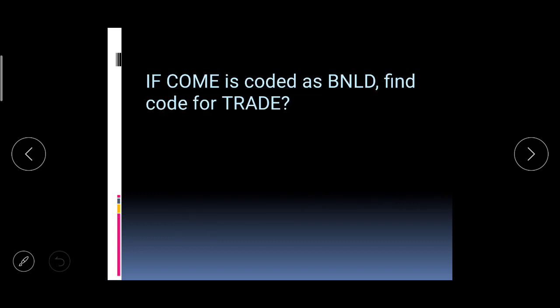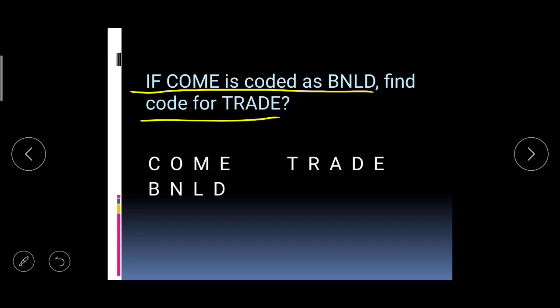If COME is coded as BNLD, you need to understand the pattern from here and then apply it. Let's see letter by letter. C is coded as B, O is coded as N, M is coded as L, and E is coded as D. How to understand the pattern?